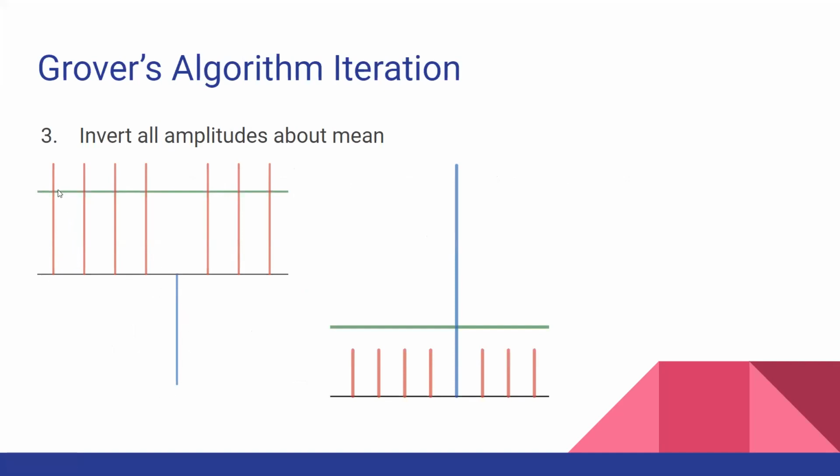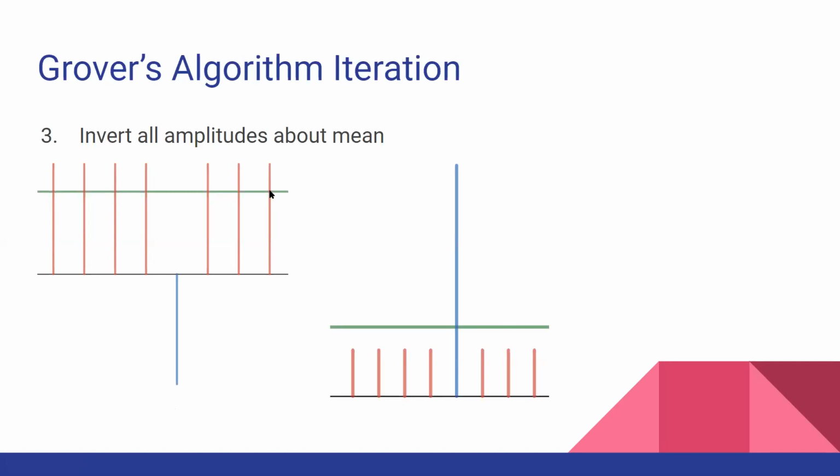If you imagine that above here is positive and below is negative, these are all 1 over 2 root 2, and they're all positive. This is 1 over 2 root 2, but it's the negative version, which is why it's down. And here's our mean.